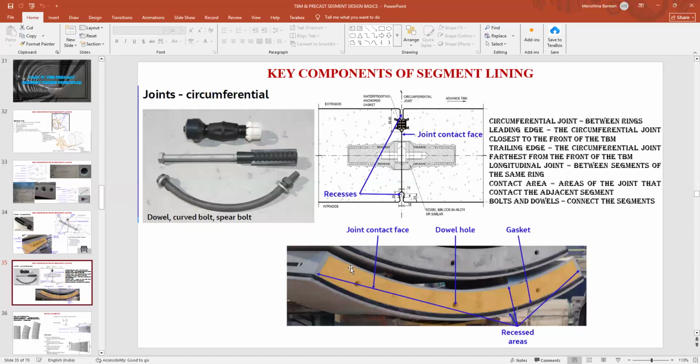Or in the cross passage area also, nowadays we are putting the dowels. So dowels are basically used whenever there is a recess or whenever there is an area we are going to remove, so the dowels will take the load of the balance segment that is being left. So these are all the components of the segmental lining.